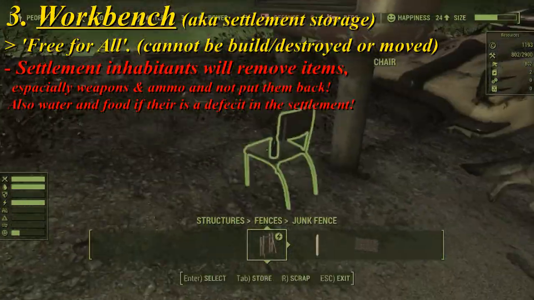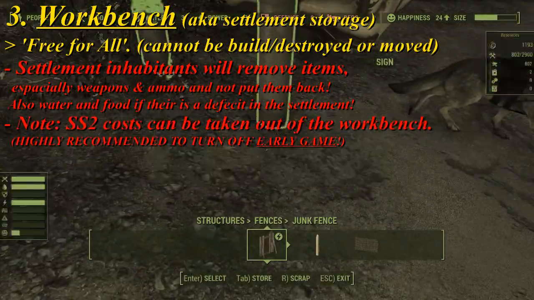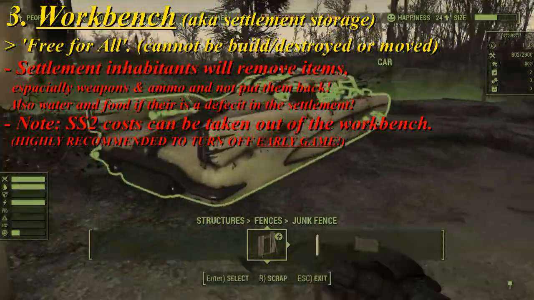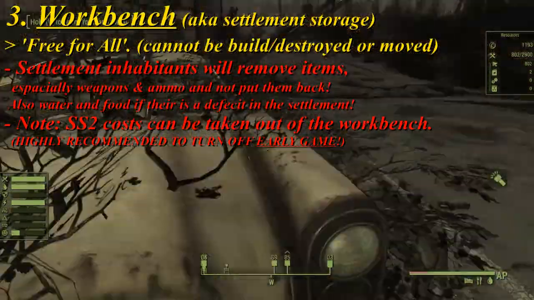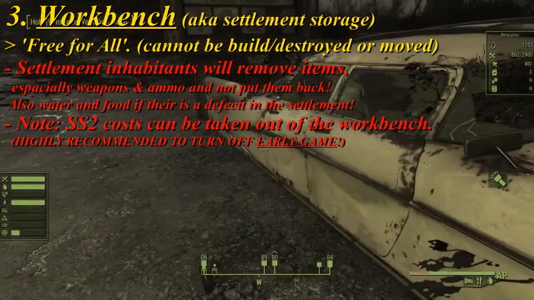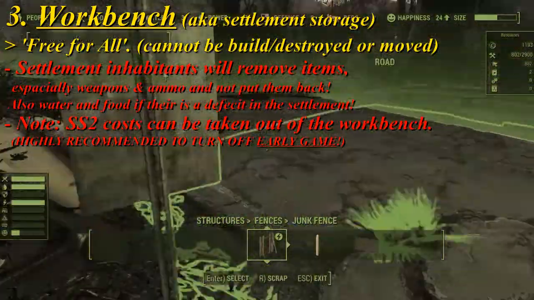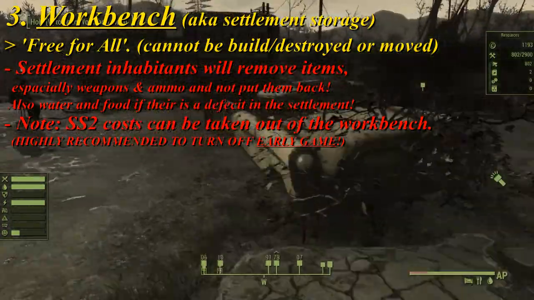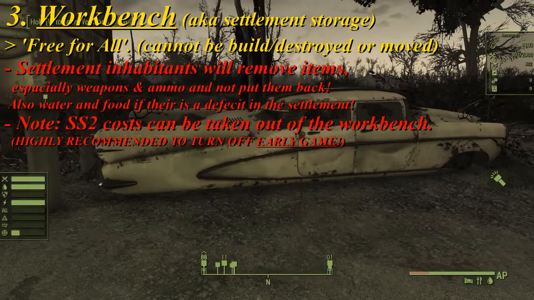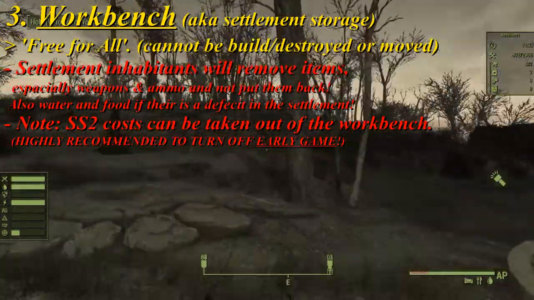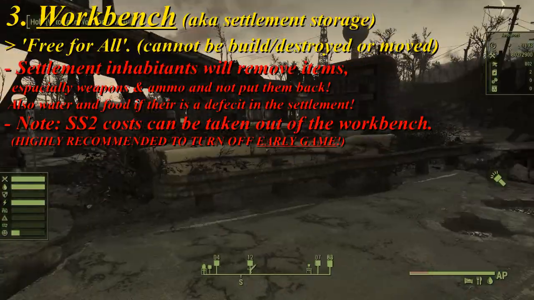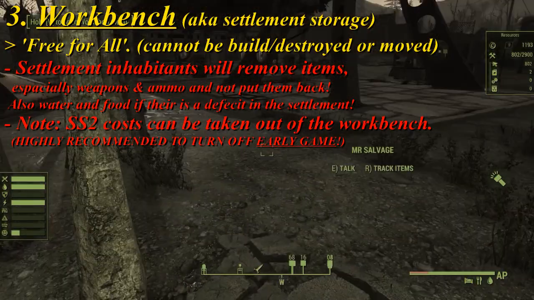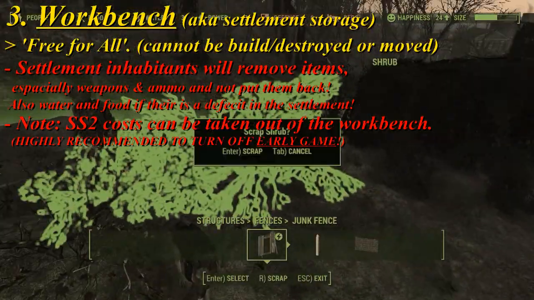The second thing is upkeep cost. With the introduction of Sim Settlements 1 and 2, there is a linkage between Sim Settlements plots and the workbench. Now, Sim Settlements 1 and 2 differ a little there. Sim Settlements 1 worked exclusively with your workbench content, which means everything paid came out of your workbench and everything produced by Sim Settlements 1 plots goes into your workbench. However, Sim Settlements 2 is a little different, and I'll talk to you about that with the fourth container type in just a moment.